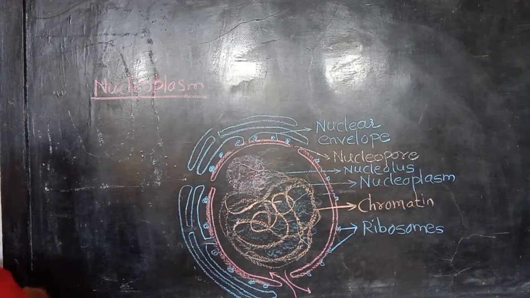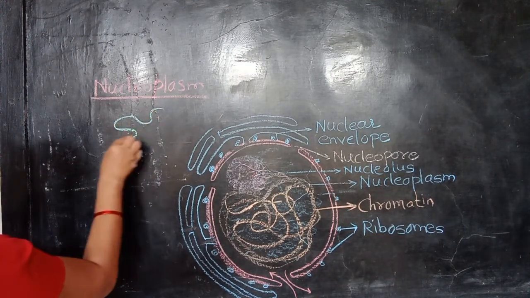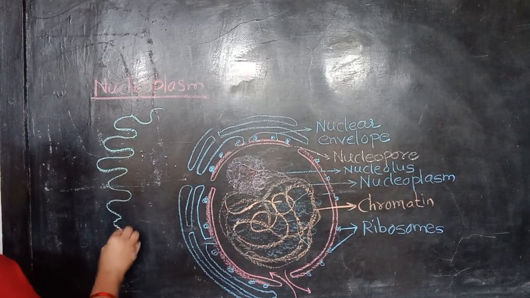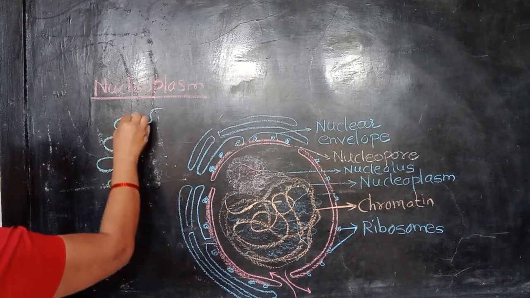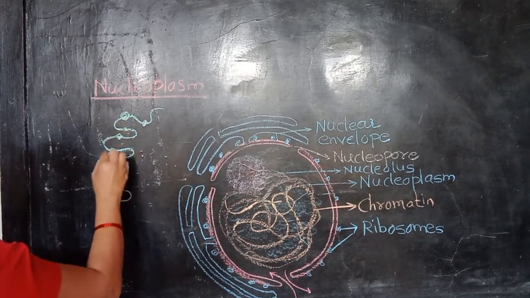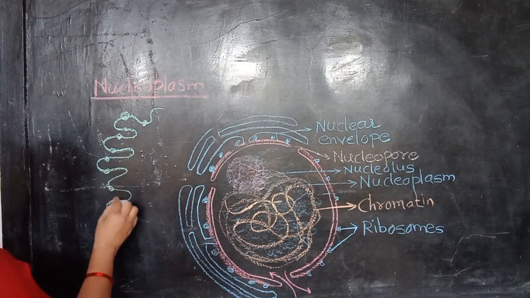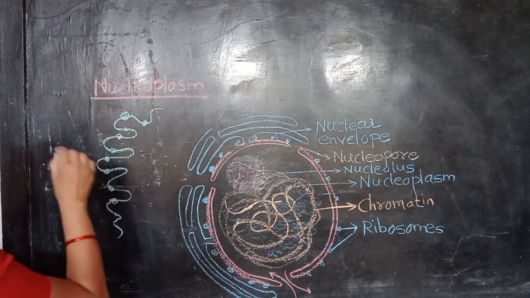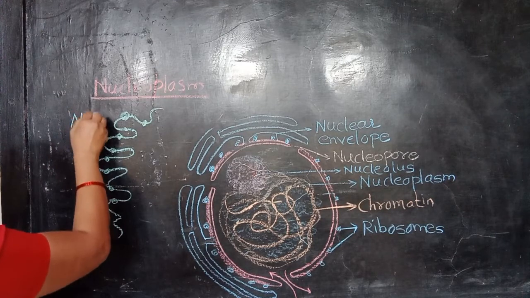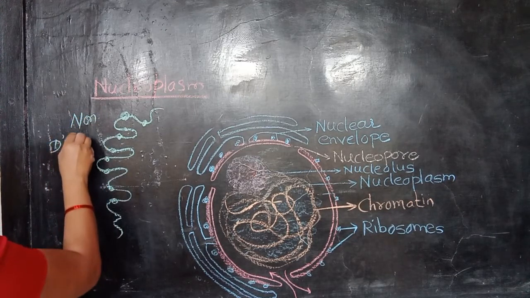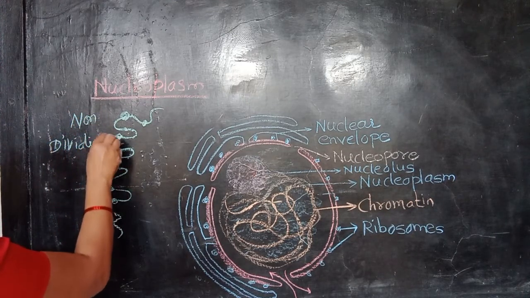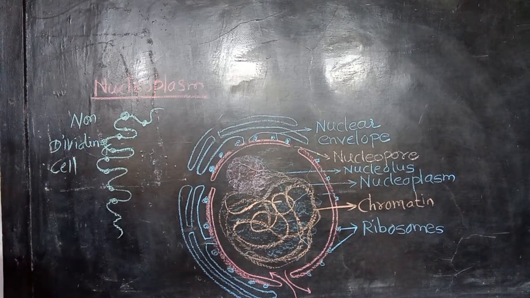Chromatin material appears like this thread-like structure. It is a thread-like structure. This is chromatin material. But this chromatin material appears thread-like in a non-dividing cell.